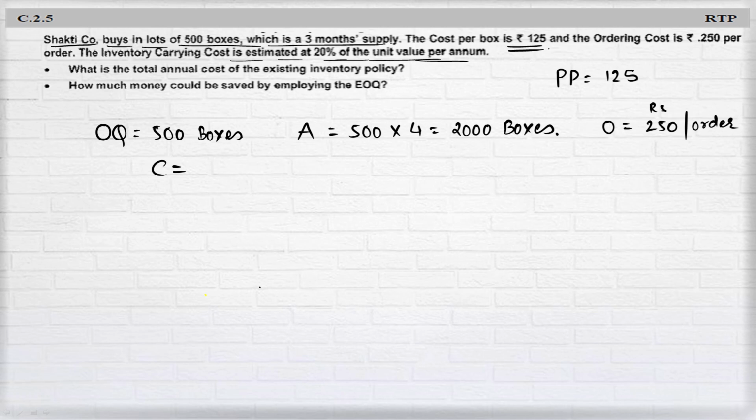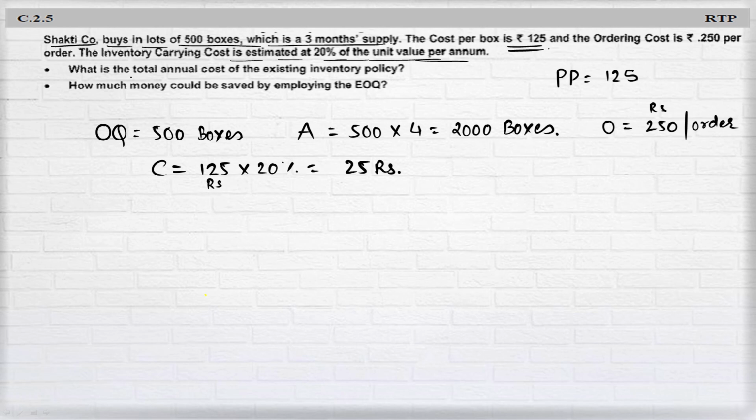What is the price of one box? 125. If I want to carry this one box for 1 year, what will be my interest cost? 20%. So it is 125 rupees into 20%, which is 25. It is 25 rupees that will be my C.